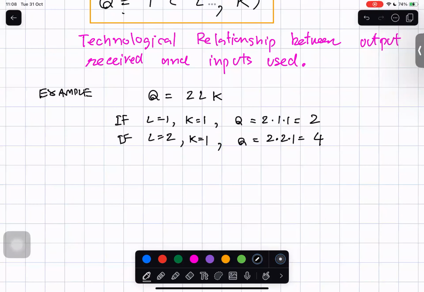If we increase more workers, L equal to 2, we use two workers with just one machine, we would get Q equal to 4 units. And this is a production function.